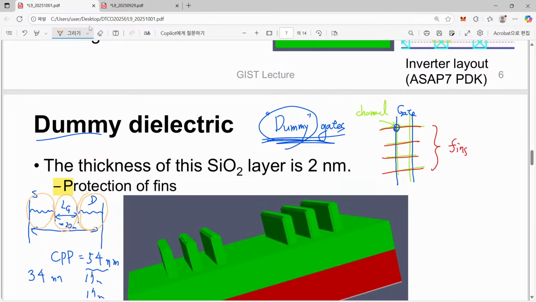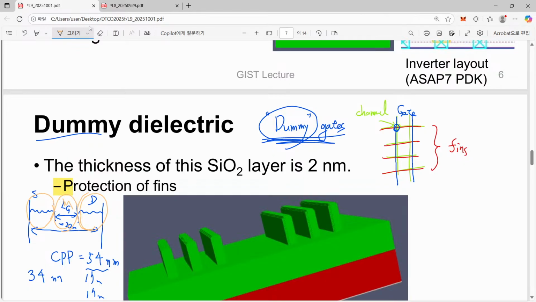Then the question is, where do we have isolation between these three different contacts? The gate is a metal gate, and source and drain are highly doped N plus or P plus regions connected to another metal.